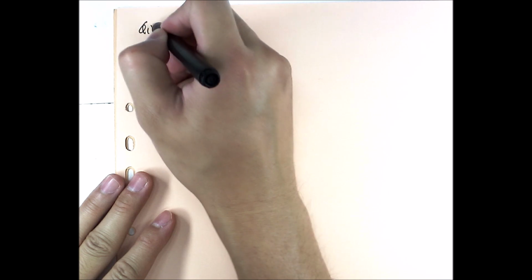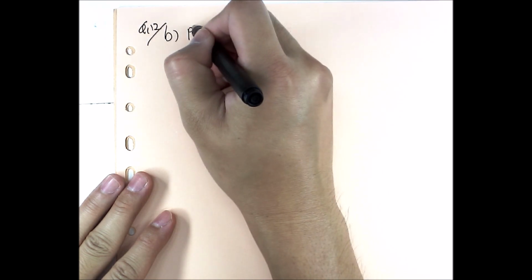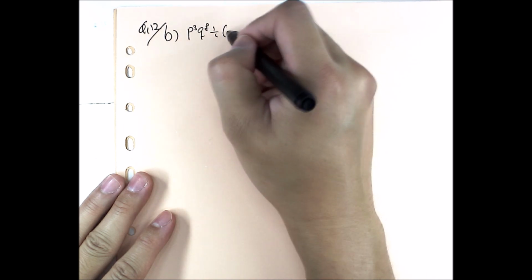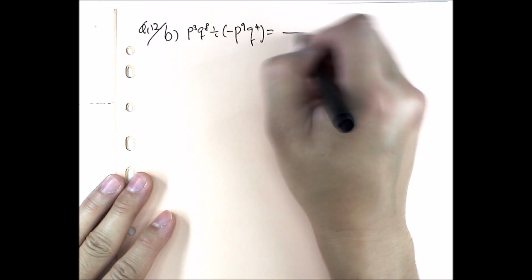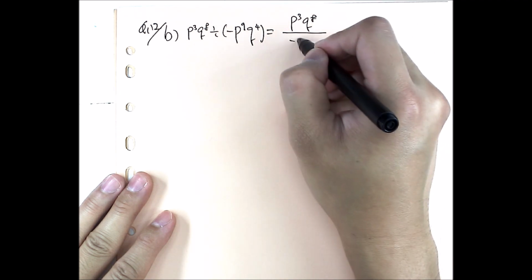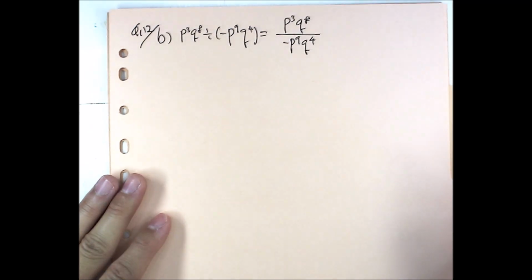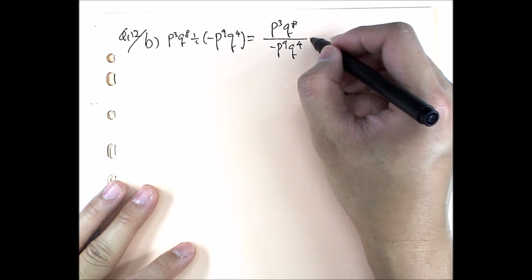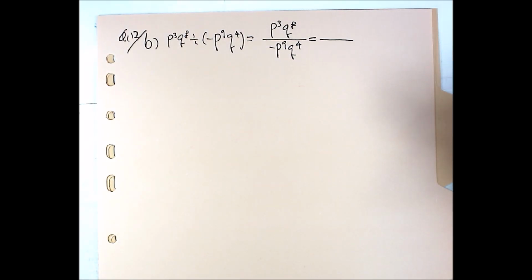Go to 12. Copy the question. p to the power 3 q to the power 8 divided by minus p to the power 9 q to the power 4. Make a fraction first. When you do this, next step, put the fraction line first, always do this.